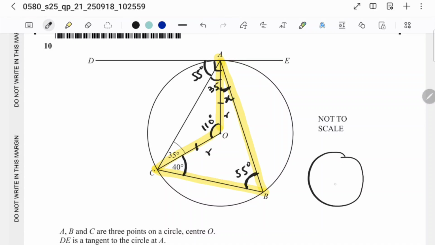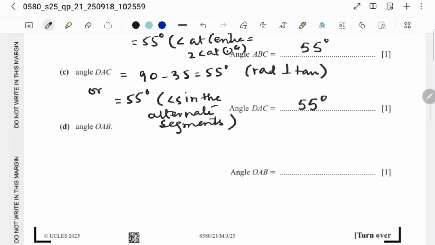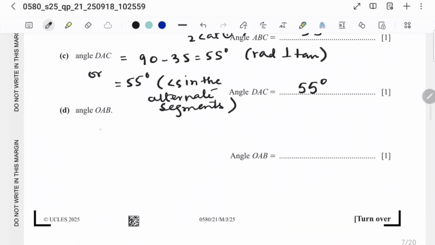Remember, in any angle properties of circle question, if you draw a line in the middle, there are isosceles triangles. So this angle is equal to this angle. The total of this 40 and X will be equal to 55. So you can write 55 minus 40 is equal to 15 degrees. So 15 degrees is the answer.